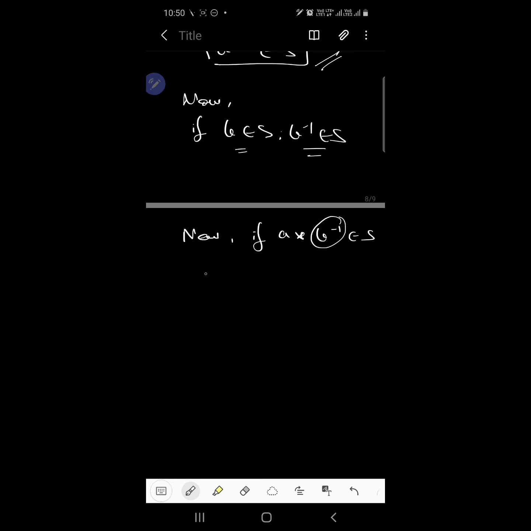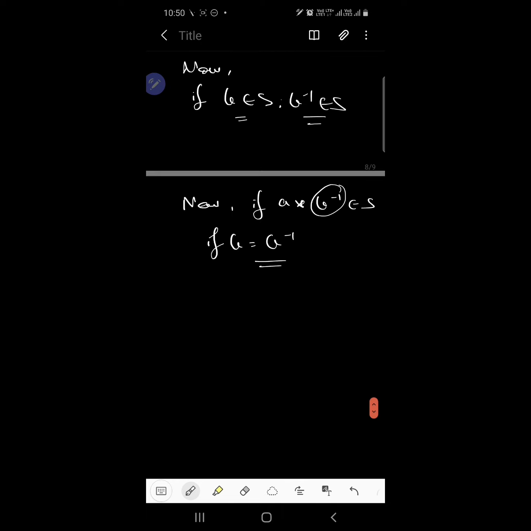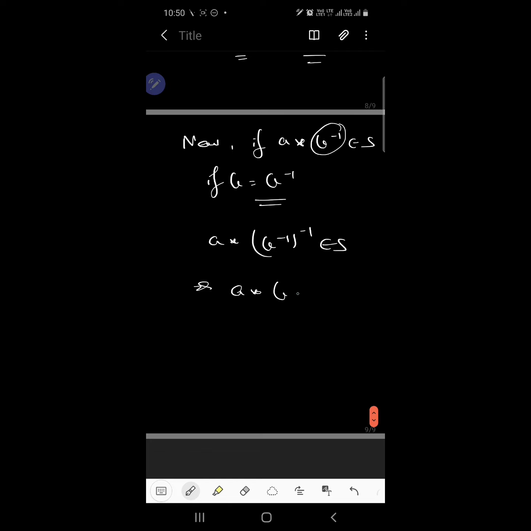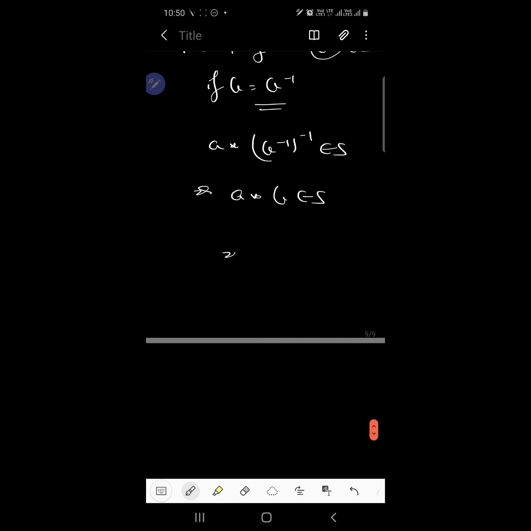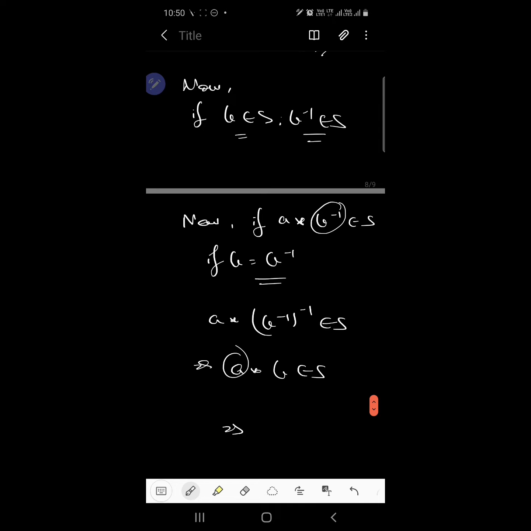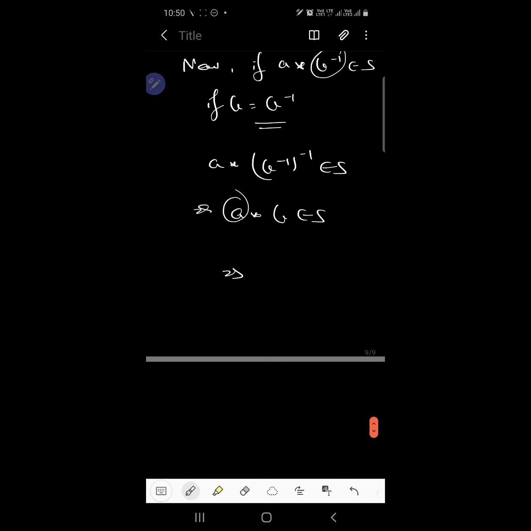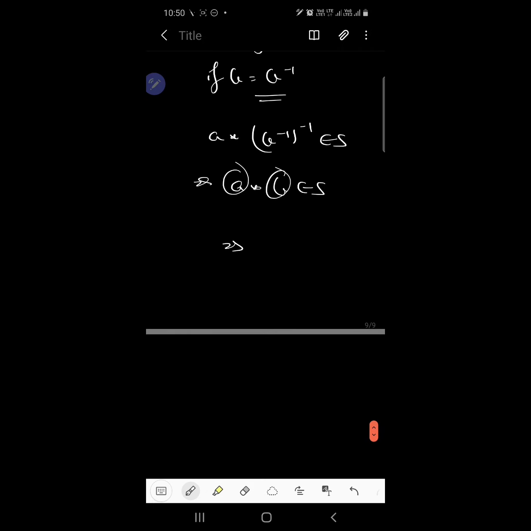If B inverse is replaced with B, we can say that A star B inverse whole inverse belongs to S. That means A star B belongs to S. A belongs to S, which we have not written here, but we can consider it arbitrarily, because we have done all the other statements using A belongs to S, and we have also said that B belongs to S. So when A belongs to S and B belongs to S, A star B also belongs to S. So this follows the closure property.